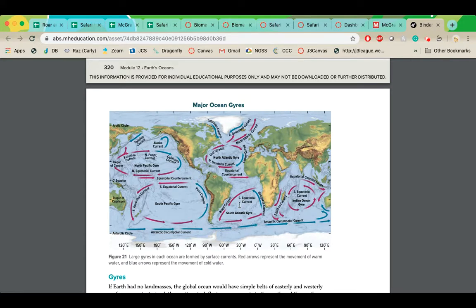Here are some major ocean gyres. That's where a current has gotten deflected and pushed in a different way, and it's made kind of a closed circle current system that develops basically when the ocean water hits the land and sends it off in a different direction.